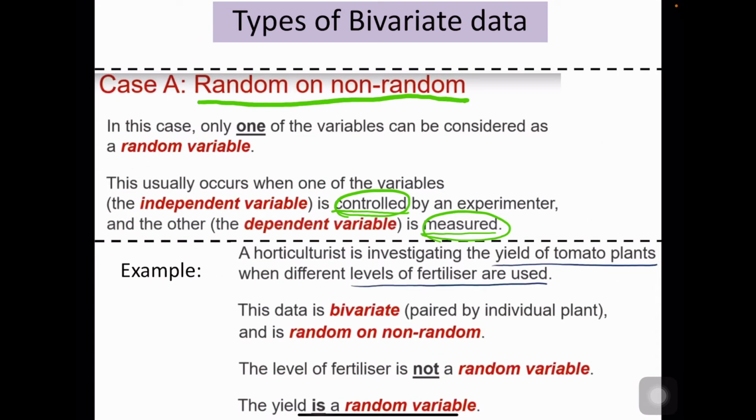And what pairs them up is that the yield of tomato plants is related to an individual plant, and a level of fertilizer is being used on each plant. So each plant corresponds to a particular yield and a particular fertilizer amount.